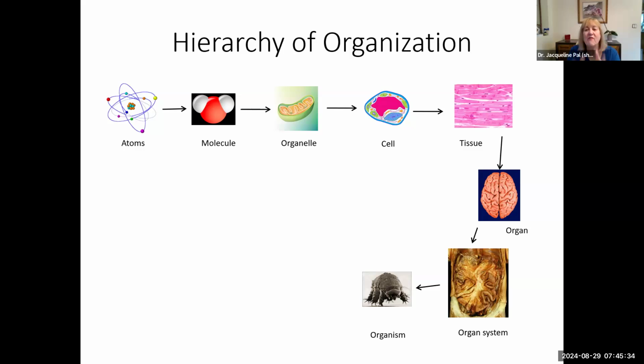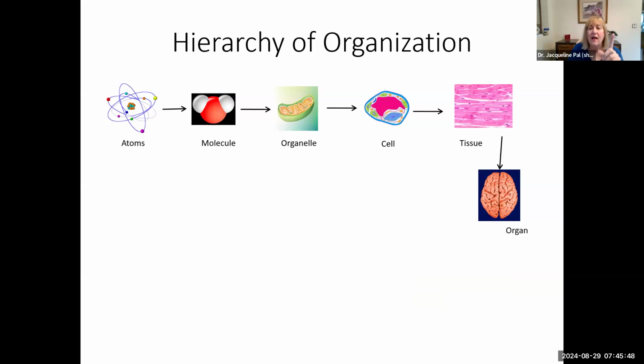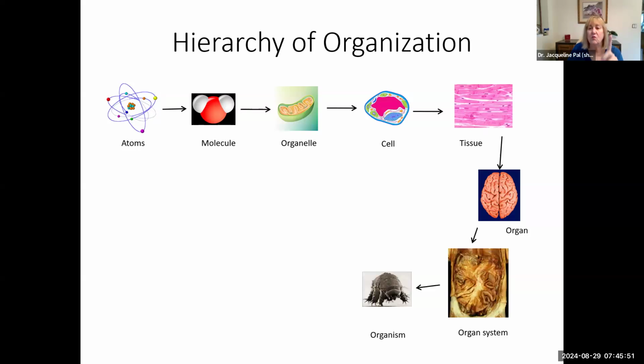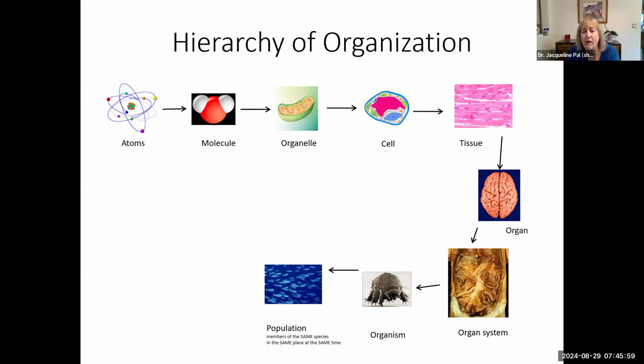And once we have multiples of that specific organism staying in one species, for humans staying as Homo sapiens, that is what is called a population. So we're very specific now. A population is one species of the same organism at the same time in the same place.